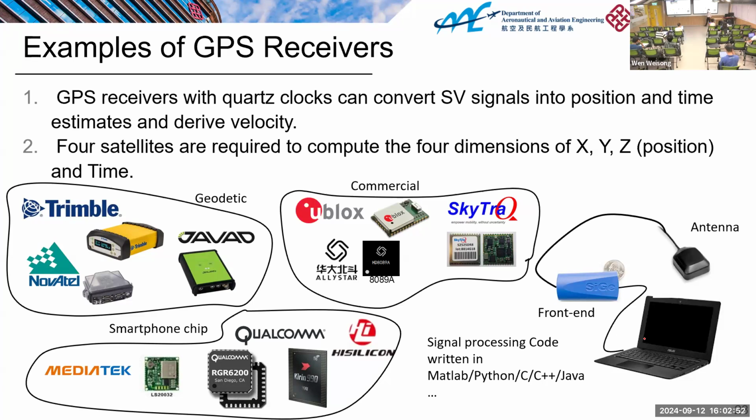Okay, geodetic level. So usually used by, you know, in PolyU, we have a department called SGI Land. What's the full name of SGI? SGI department, Land Survey Geodetic Information.